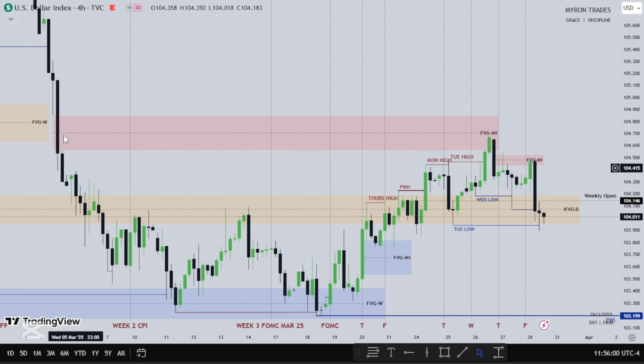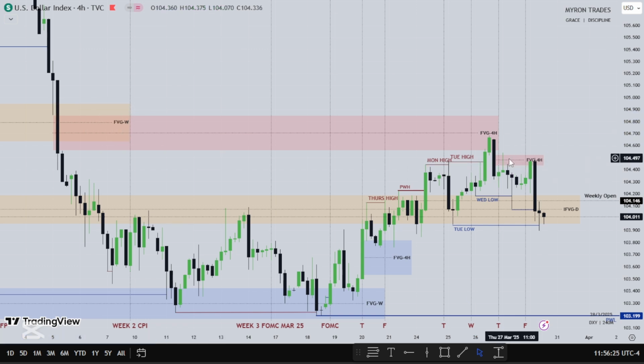When we arrive at the 4-hour time frame, each time frame might have its own imbalance. So you can see how the two blend with each other, the 4-hour and the weekly fair value gap. So this is a rich area for price to find resistance from and trade lower.